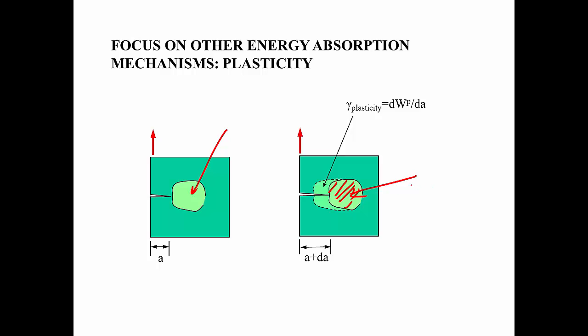And as the crack propagates, there is a wake of material behind the propagating crack that represents the area that has plastically deformed. So the more the crack propagates, the more energy is required to make the material yield in front of the crack tip. And that has to be taken into account.